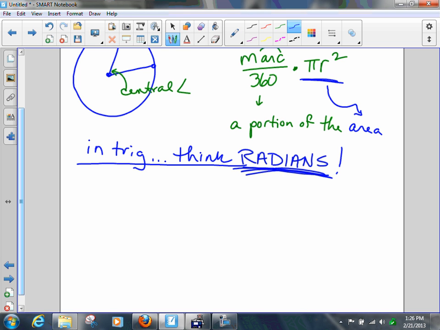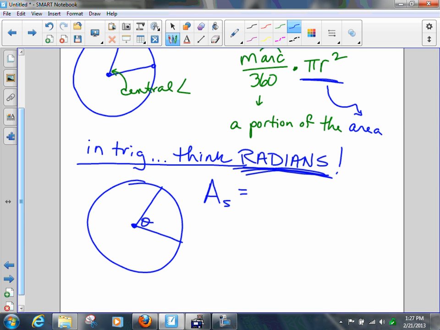Now this is the way I write the formula. I write A sub S, meaning area of the sector. That's nothing technical, that's a Miss Perry thing. The measure of the arc, in trig, when we talk about that central angle, we're talking about what Greek letter? Theta.